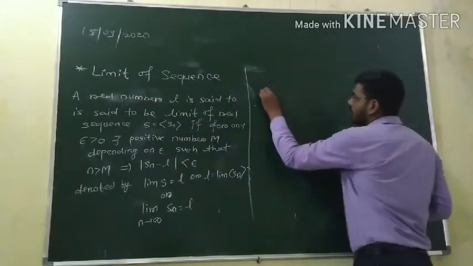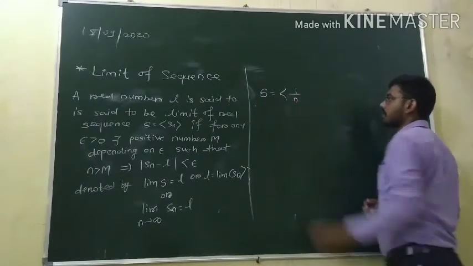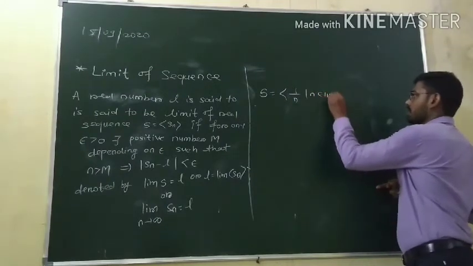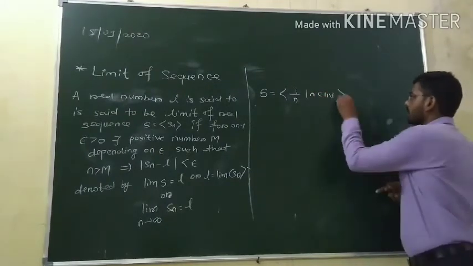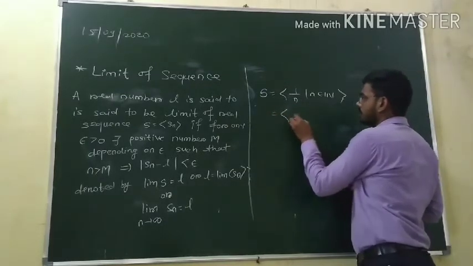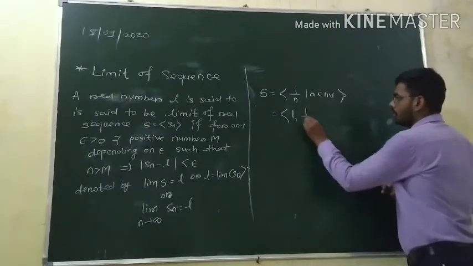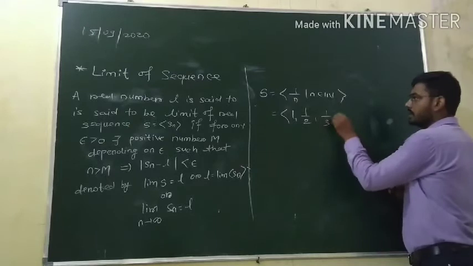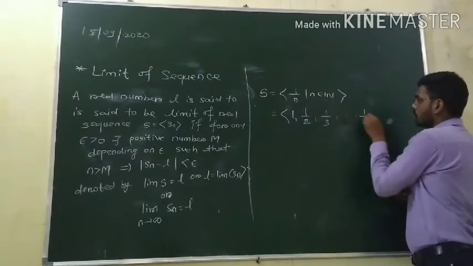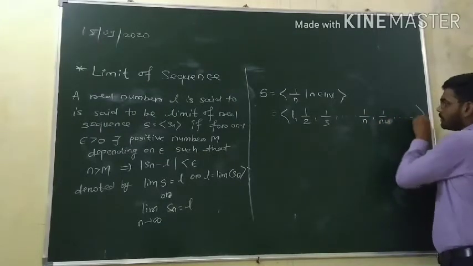Consider the sequence defined by the nth term 1 by n, where n is a natural number. If we list the elements of this sequence, it is 1 by 1, that is 1, then put n equal to 2, 1 by 2, then 1 by 3, and so on, up to 1 by n, then 1 upon n plus 1, and so on.